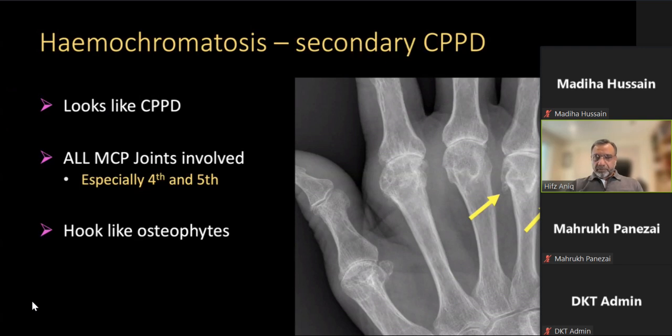So it's the same radiologically, but it typically involves all the MCPs, especially third, fourth, and fifth, with OA and osteophytosis. So if you start seeing the CPPD appearance at all these MCP joints, think of hemochromatosis because this is secondary CPPD.